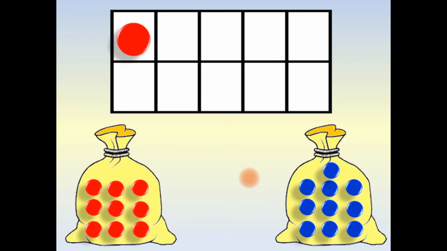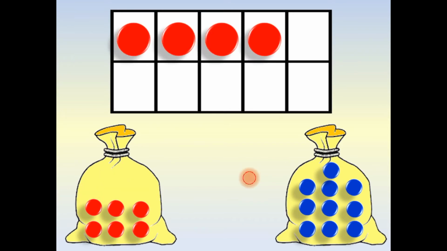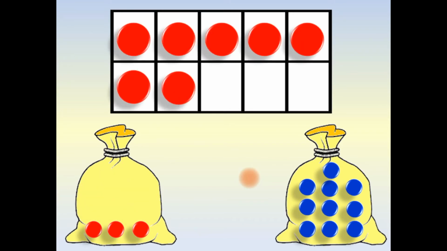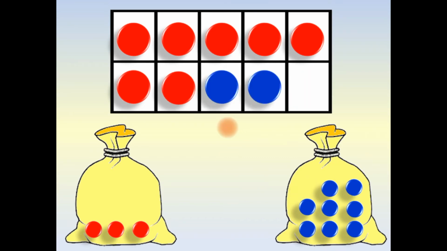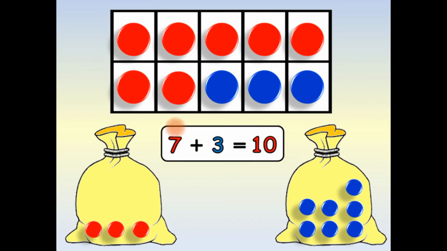Now, we are going to distribute 7 red phones and continue distributing with 3 blue phones. The equation is so easy to write. 7 red phones plus 3 blue phones gives us 10. So 7 plus 3 equals 10.